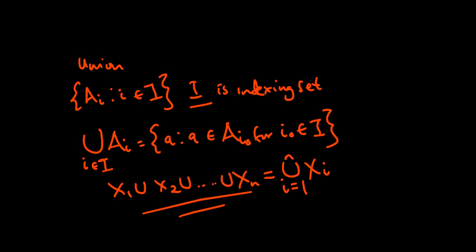We can also define in like manner the intersection of the family of sets. When it comes to the intersection of the family of sets, you have your arbitrary sets A_i, such that i is a member of the indexing set.